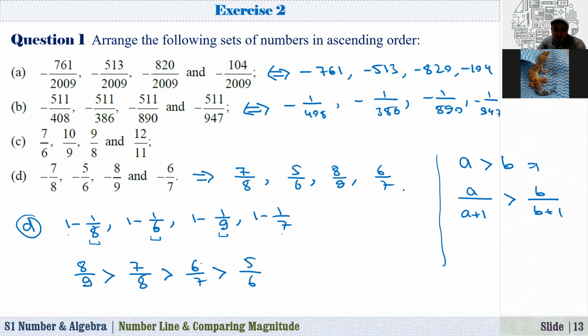Even if you cross multiply, for example, 36, 35, or 64, 63. Now from here, if you multiply all of these numbers by minus 1, then we will get this: minus 8 over 9 is less than minus 7 over 8, less than minus 6 over 7, less than minus 5 over 6.